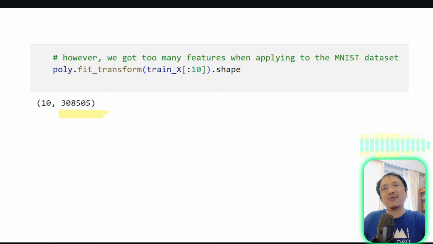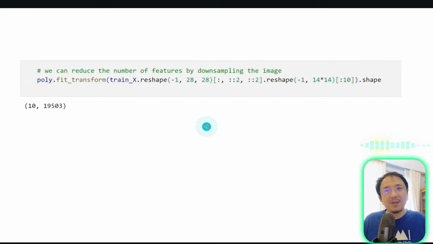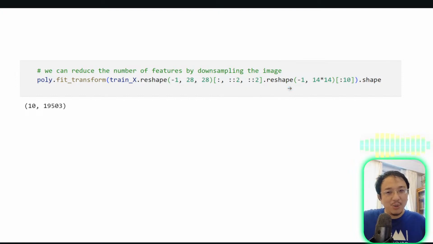So it's a lot of features. This is going to be too large to be processed in a short time. So instead, we first downsample the images. We're not finishing right there. We still want to use the polynomial feature, but we begin by downsampling the image to have fewer features and then apply the polynomial feature.